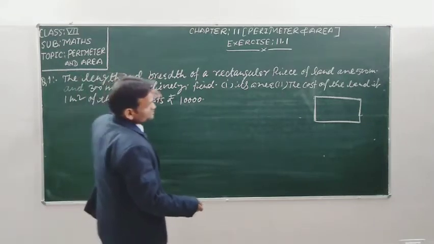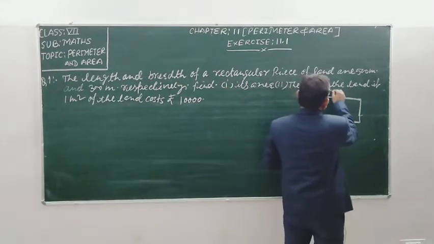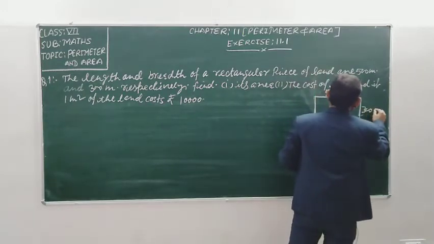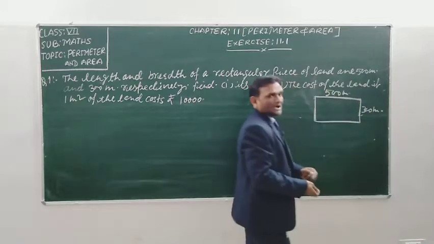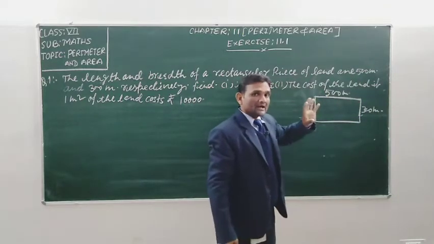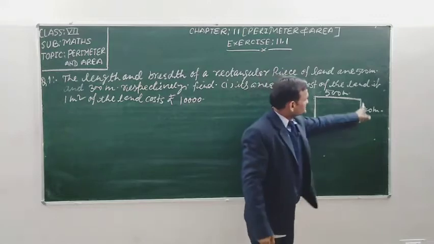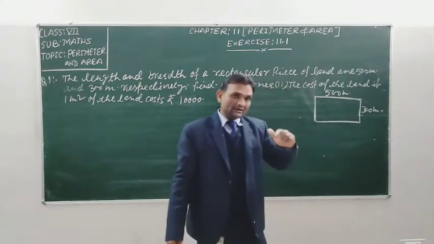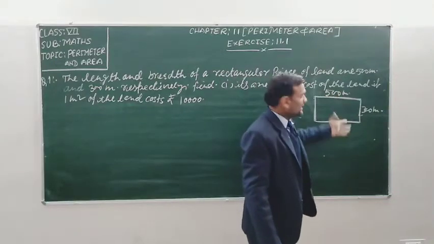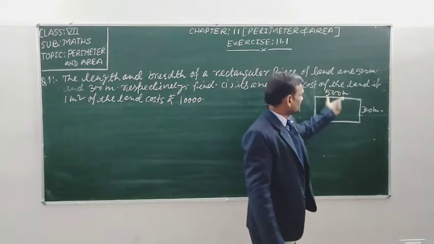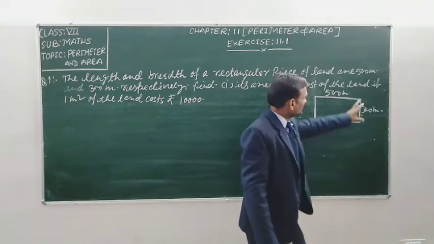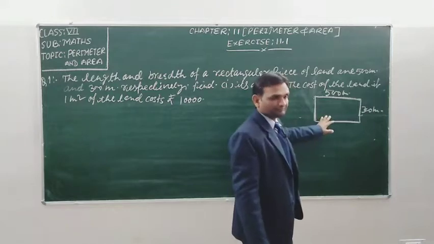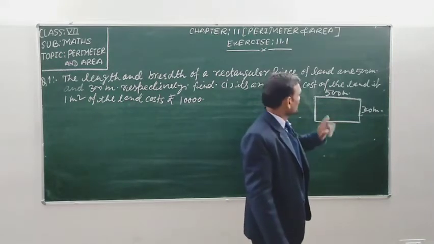So 500 meter is the length and 300 meter is the breadth of the rectangular piece of land. You know the property of the rectangle: opposite sides are equal. If this side is 500 meter, then this side will be 500. This side is 300 meter, so this side will be 300 meter.